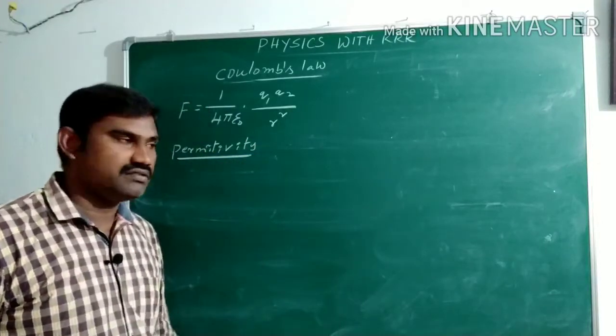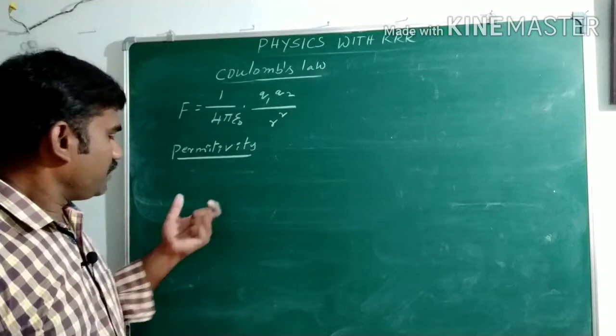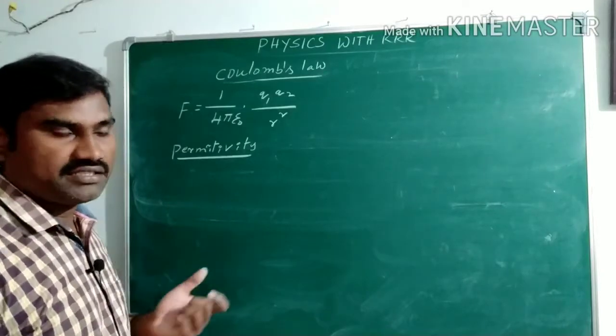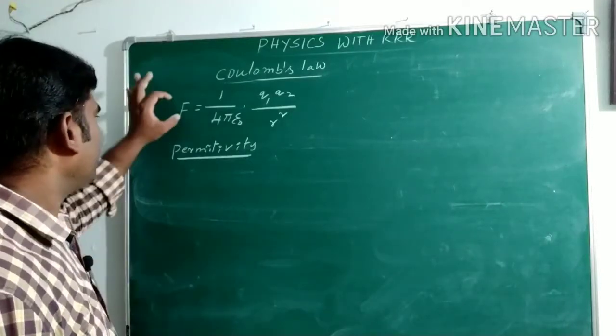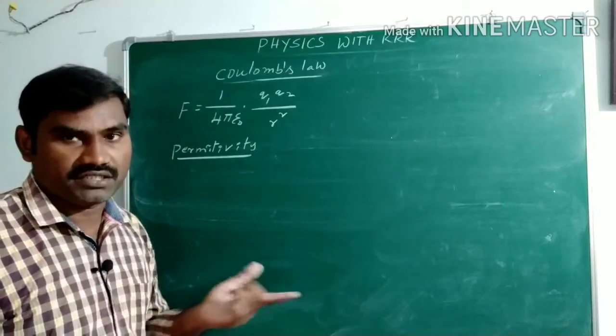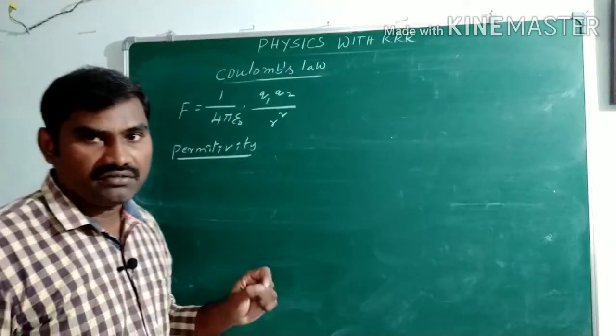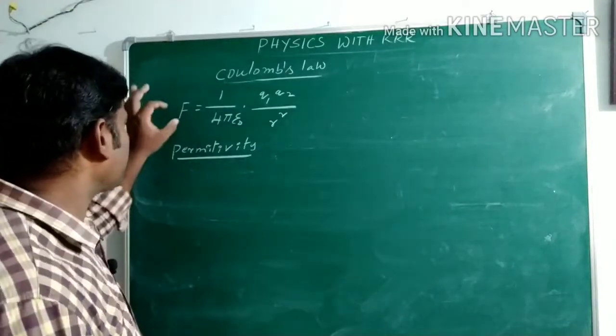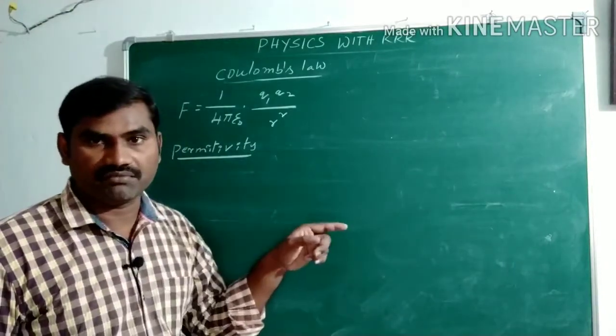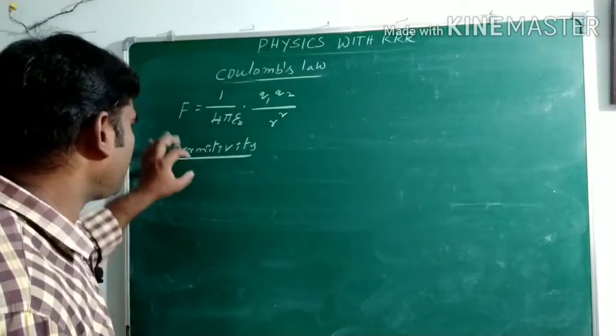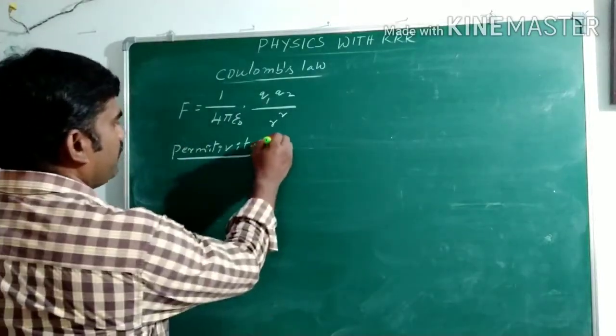Permittivity is the property of the medium which decides how the electrostatic force is influenced by that medium. That means by knowing the value of permittivity, we are able to understand how the electrostatic force is influenced by the medium. That is called permittivity, represented by epsilon.